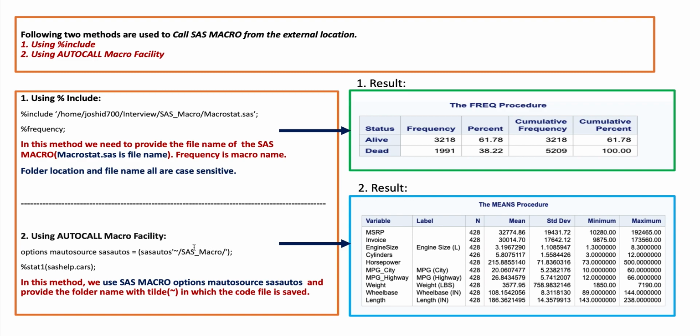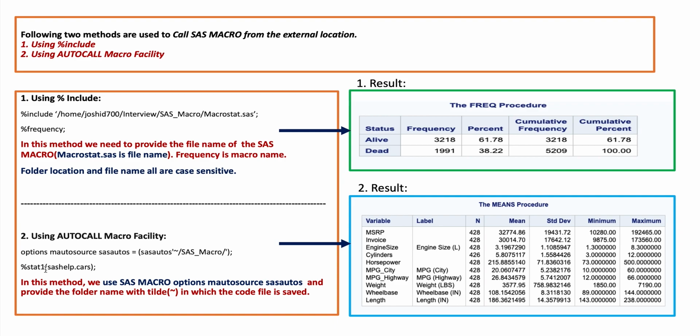That means we have to provide the folder name in which the SAS program is stored. That should be inside the code. Next step, we have to call the SAS macro. That's why %stat1, where stat1 is the SAS macro name.